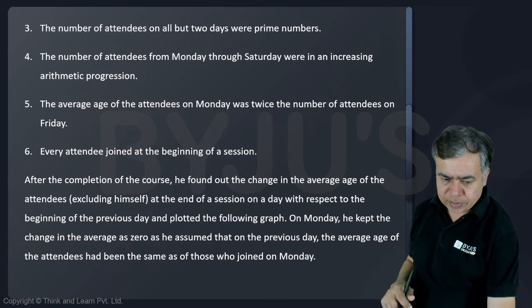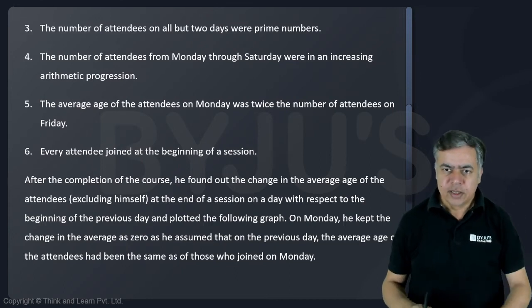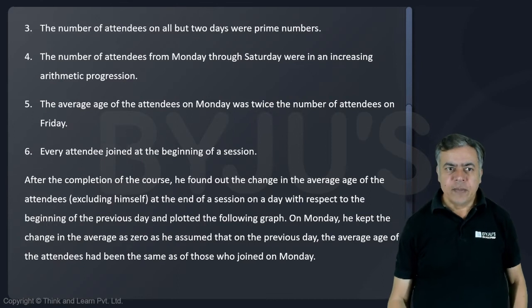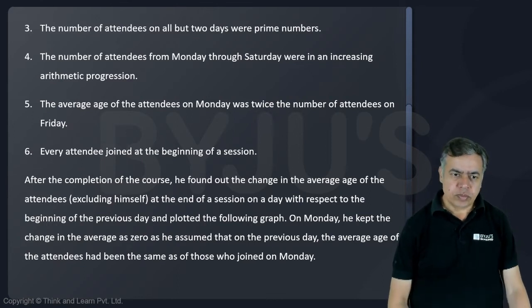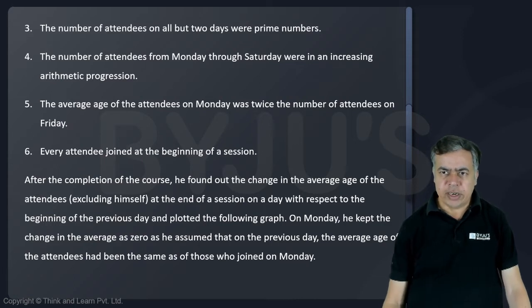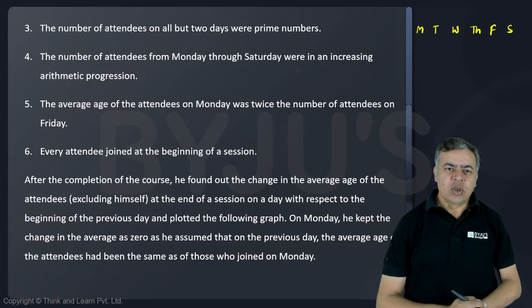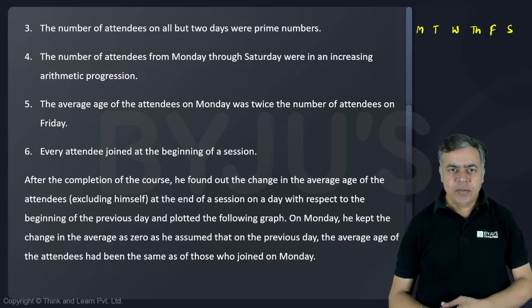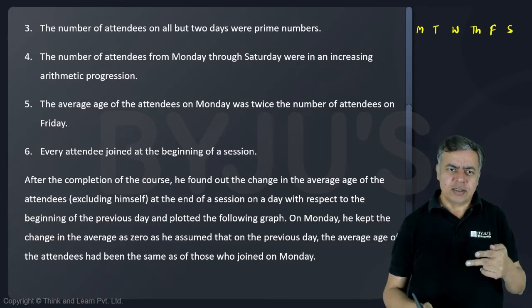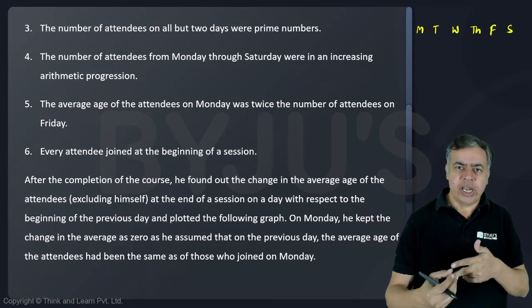Okay, let's try to solve it. What are the days? It is Monday to Saturday, right? 6 days are there. So let me write here Monday, Tuesday, Wednesday, Thursday, Friday, Saturday. We have the number of attendees on all but 2 days were prime. So there are two factors, number of attendees and their average age.